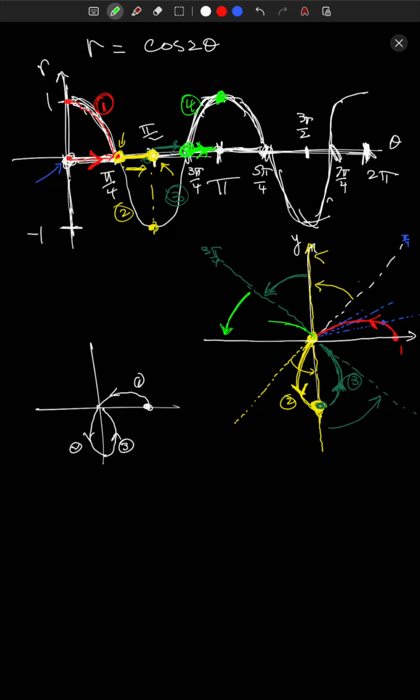And then r is getting bigger and bigger until we get to the angle pi, where it's a distance of 1 from the origin. Okay. All right, so at this point, what we just drew was this guy right there. That's number 4.